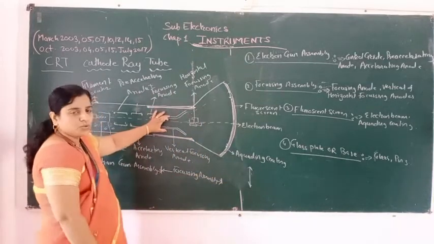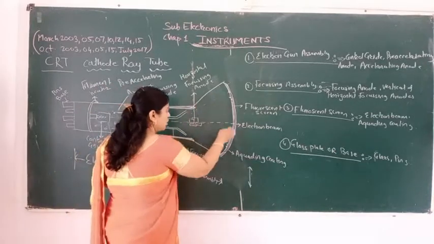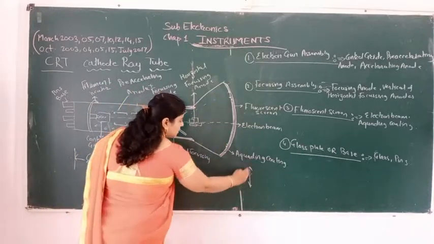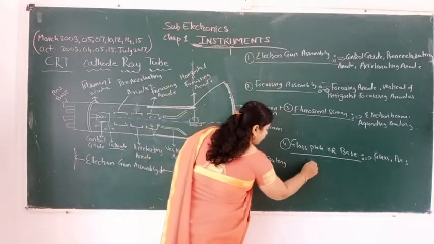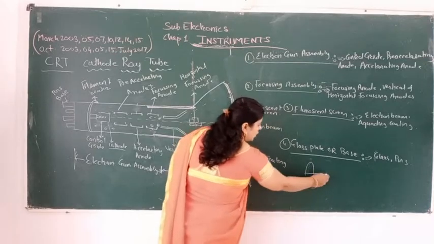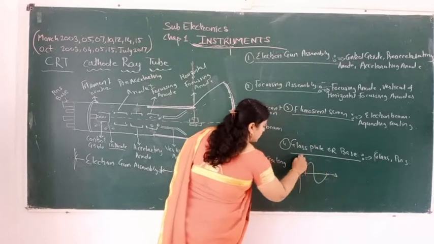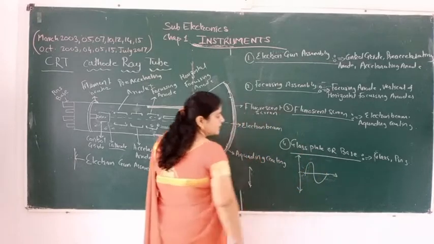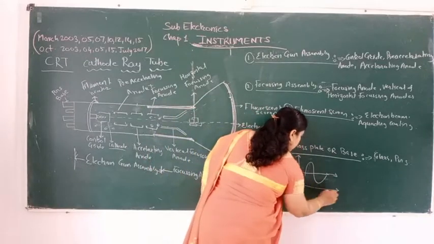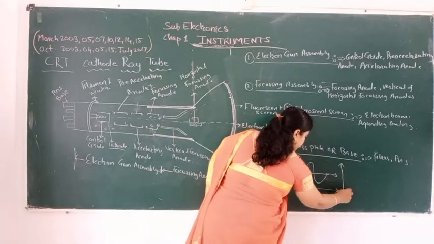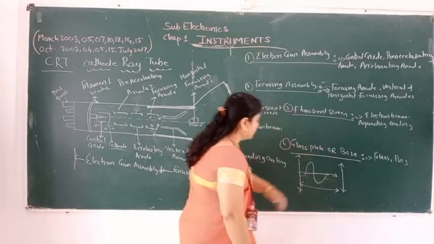This plate is used to deflect the electrons in the vertical direction. So in a CRO, what we observe is the waveform in both horizontal and vertical directions. Suppose this is a sine wave; we observe it horizontally and vertically, isn't it?